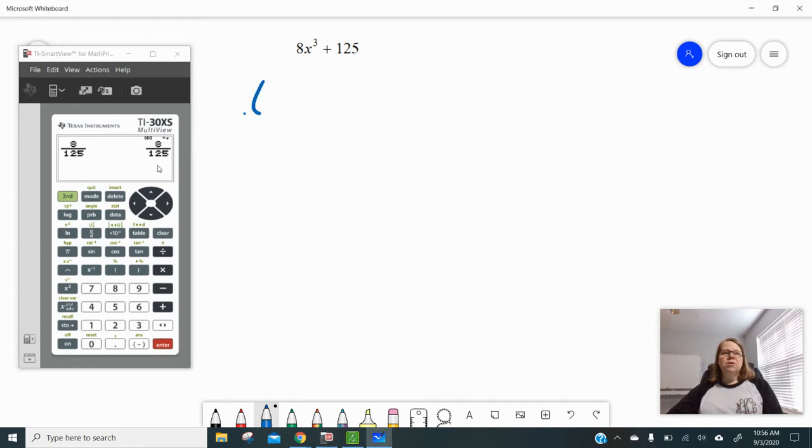The first thing you're going to do is take the cube root of these things. Cube root is different from square root, the little x squared button there. We're not doing that. We're doing the cube root. So you type in a number 3 for cube, and then you hit second, and then this button here.